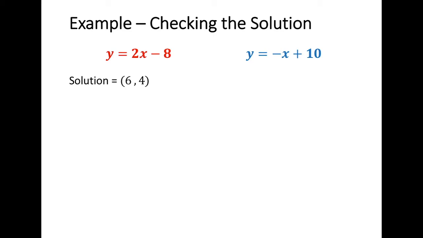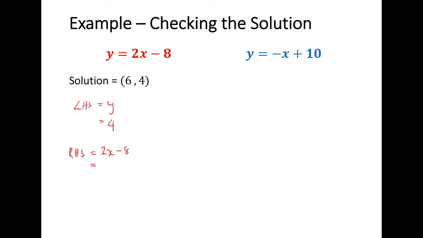Checking the solution, looking at the first equation, y equals 2x minus 8, we want to substitute in our solution to make sure the left-hand side and the right-hand side are equal when we use those coordinates. The left-hand side is y, and I know my y value is 4. Now the right-hand side of the equation is 2x minus 8.